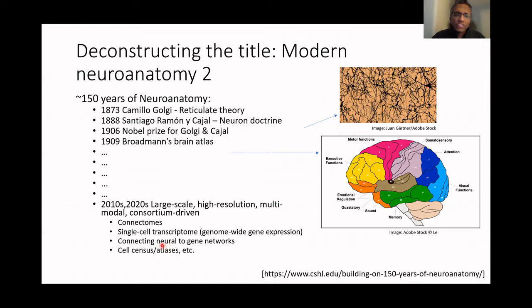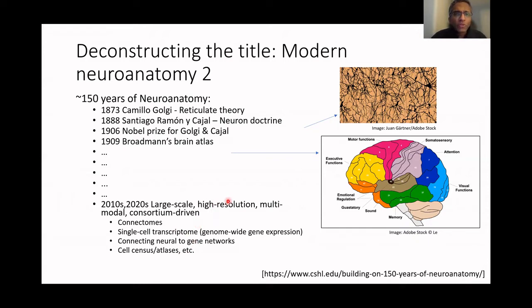The next steps would be to connect these neural networks to the underlying gene networks that operate within each of these cells. All of these are huge efforts, because you are not only zeroing in on very high resolution for each region, but also doing it across the whole brain. Naturally, it cannot be done by a single person or a single lab. These are consortium-driven projects involving multiple institutes and universities.